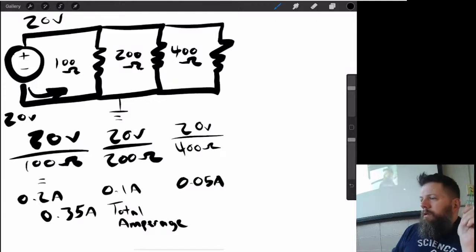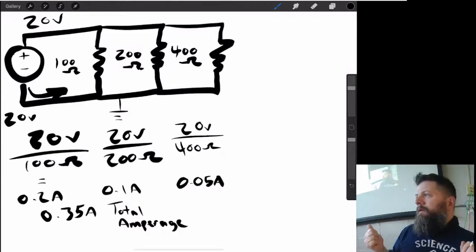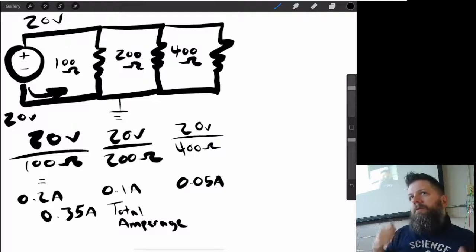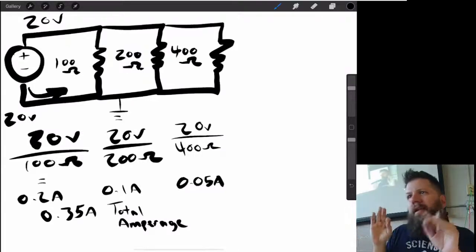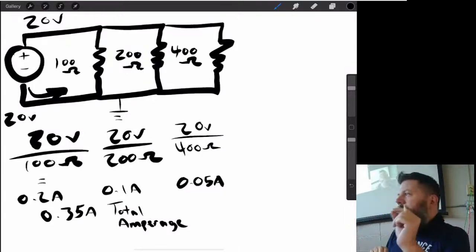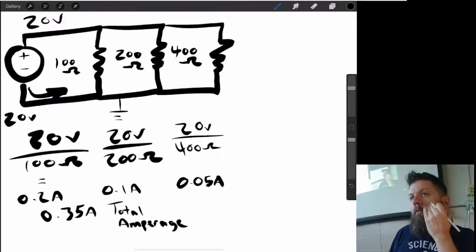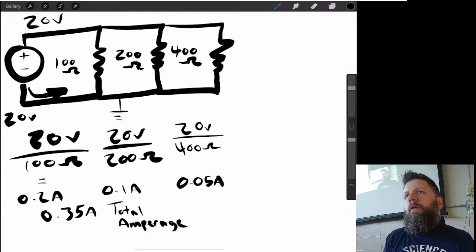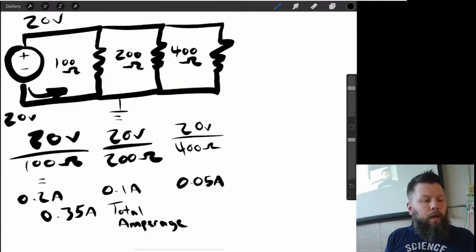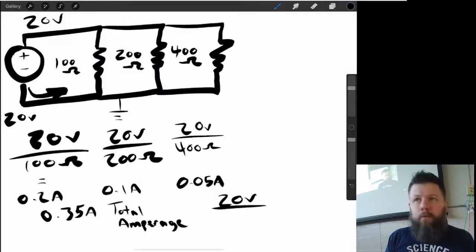Now, let's prove that we're right. We've got a voltage and we've got a current, don't we? We've got a total voltage and we've got a total current. So let's go ahead and figure out what that total resistance would be even before we start doing the funky 1 over R, 1 over R, 1 over R, okay? All right, so if we've got 20 volts, and we've got an amperage, right?